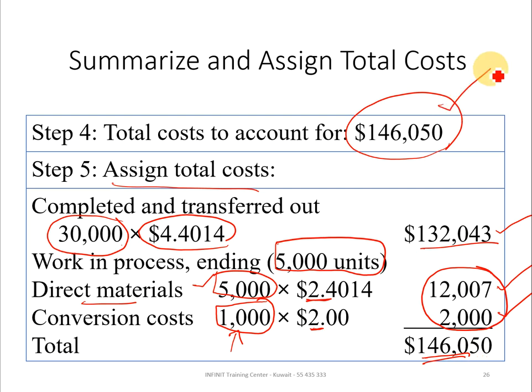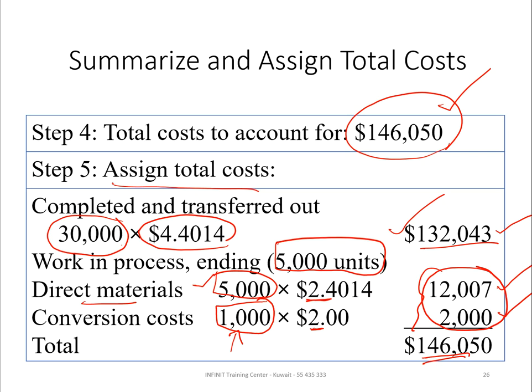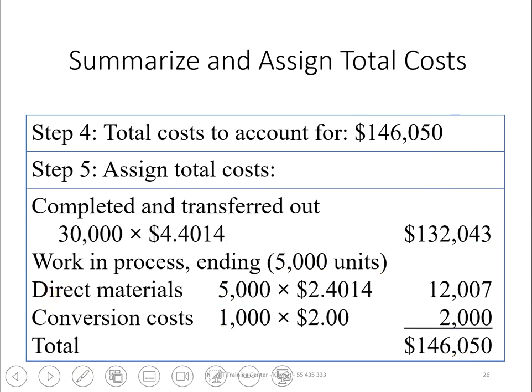So out of this 146,000, this cost has gone out and this cost is still in work in progress with us. This is how we segregate the total cost between units completed and units incomplete.